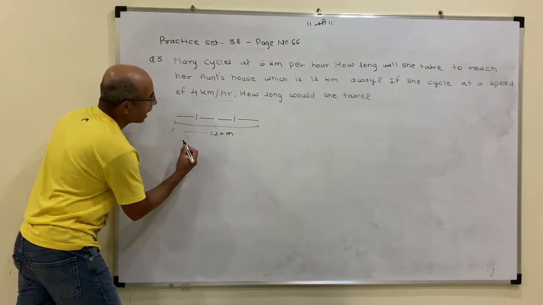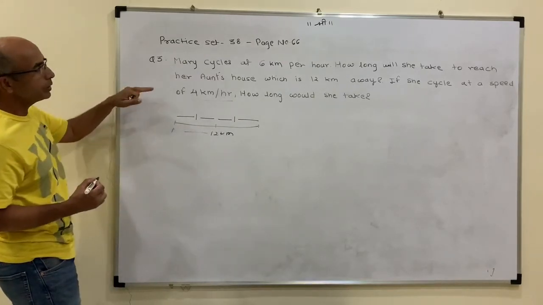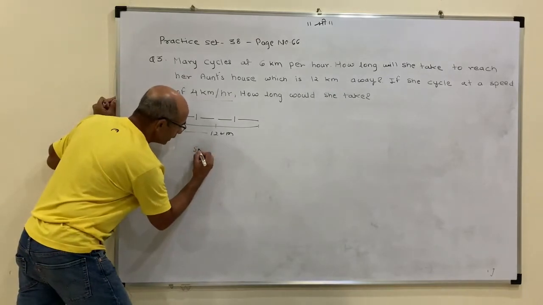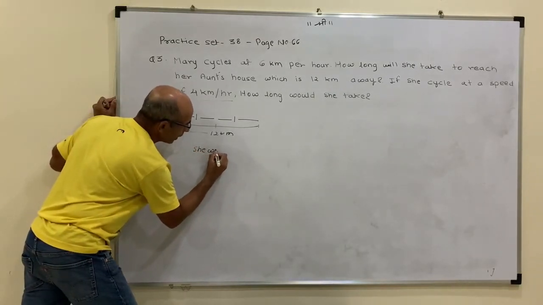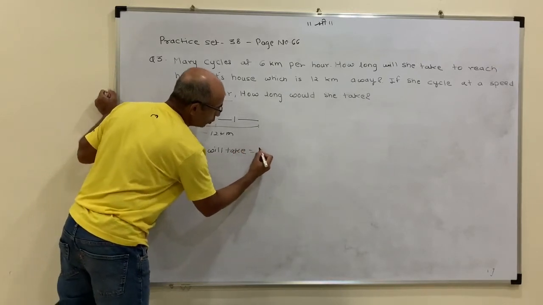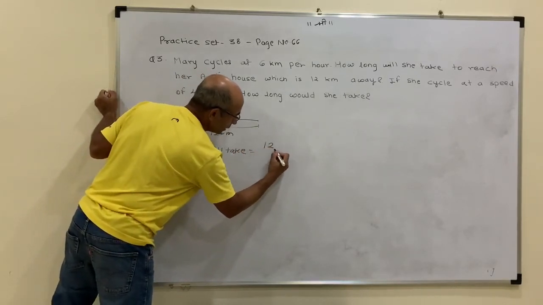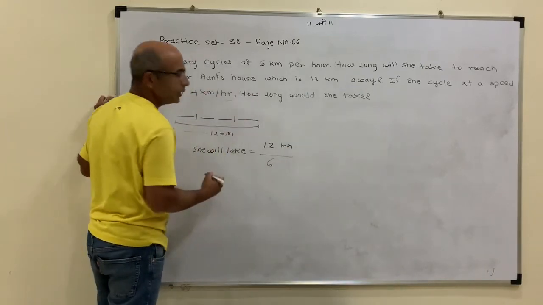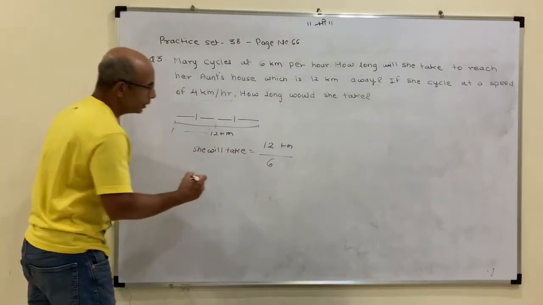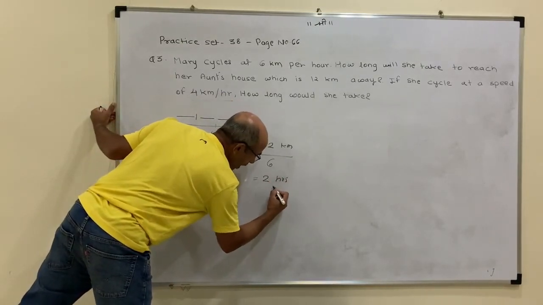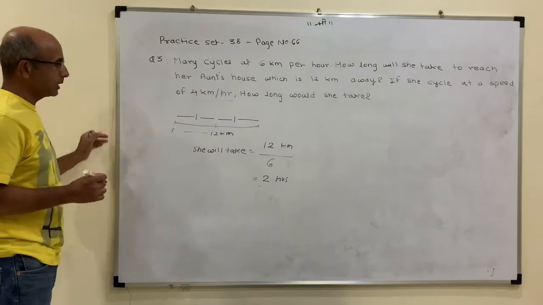So time equals the total distance divided by the speed, which is 6 kilometers per hour. So she will take 2 hours to reach her aunt's place.